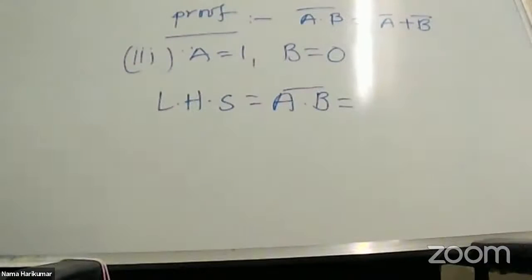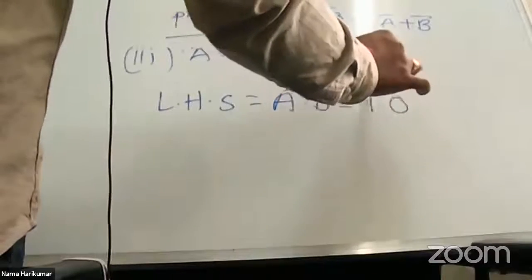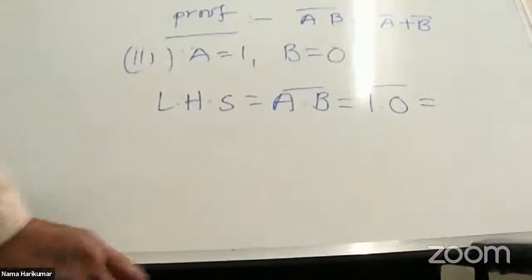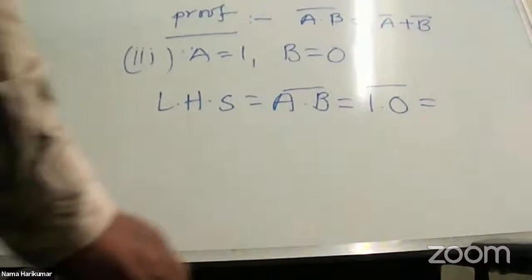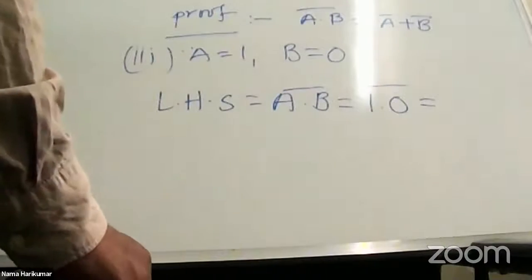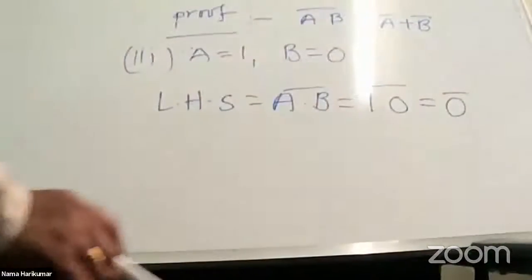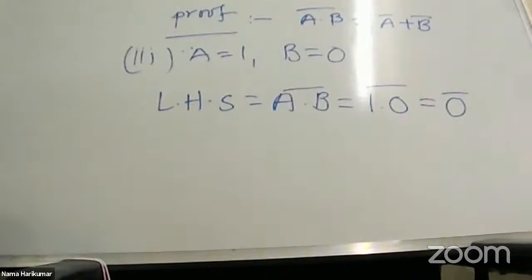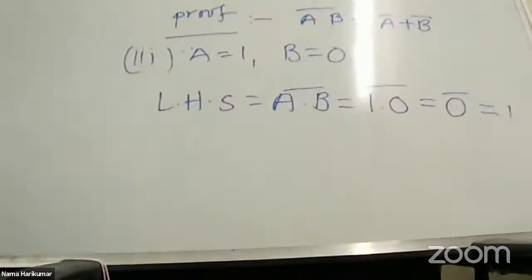In the case of A, you put the 1 value and B is 0, so 1 into 0 complement. 1 into 0 is 0. 0 complement is 1.